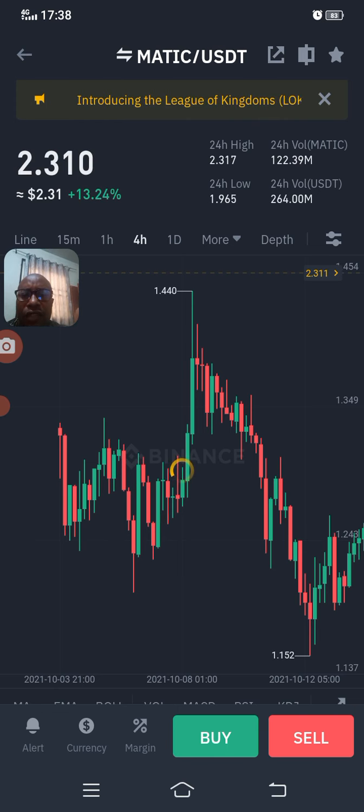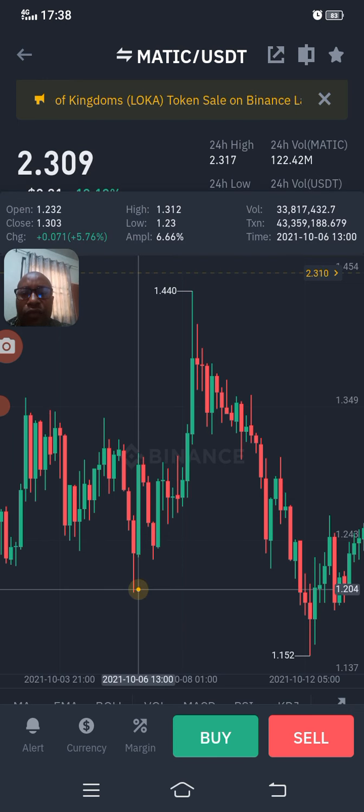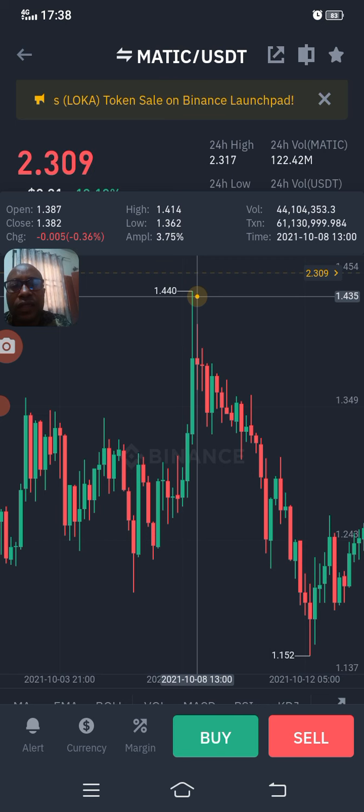If you are using liquidity void, you can call it a vacuum, because once price moves up from here and goes to this place, let's assume we cover this side, it has created a vacuum that it needs to come and reprice, because it will not continue to go up and up and up.